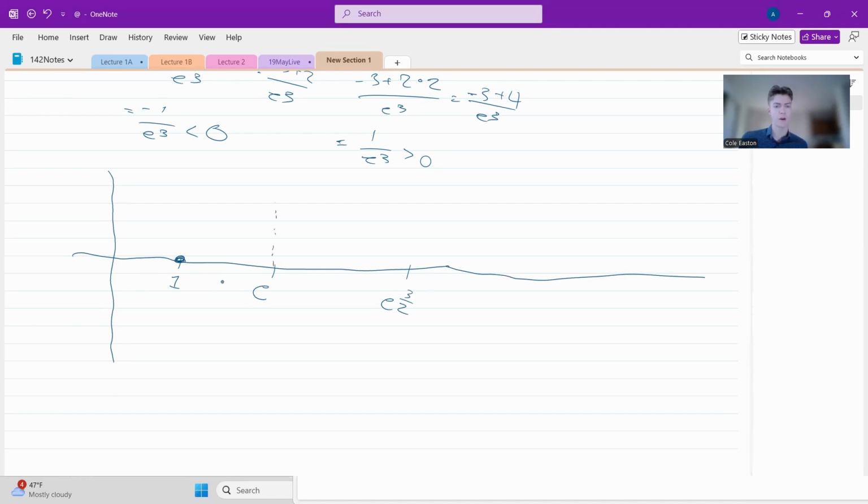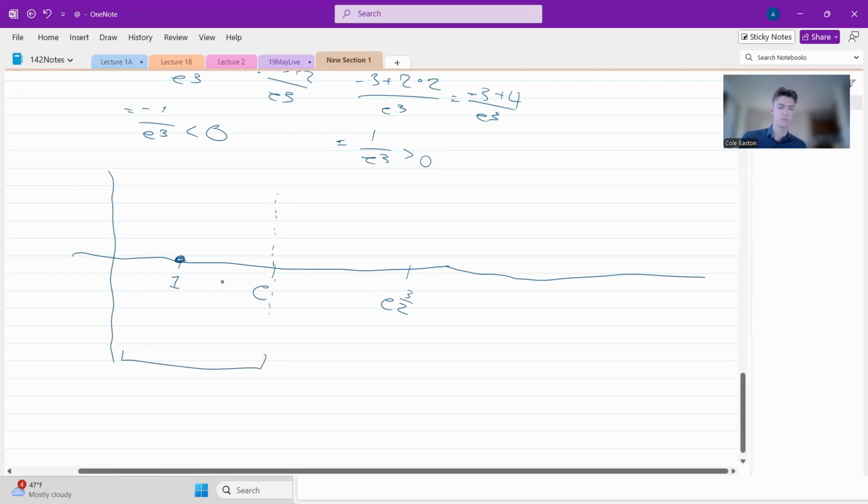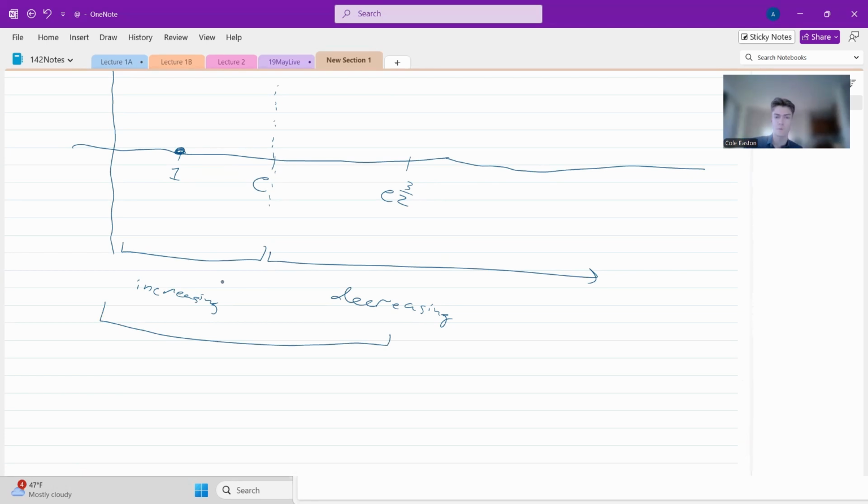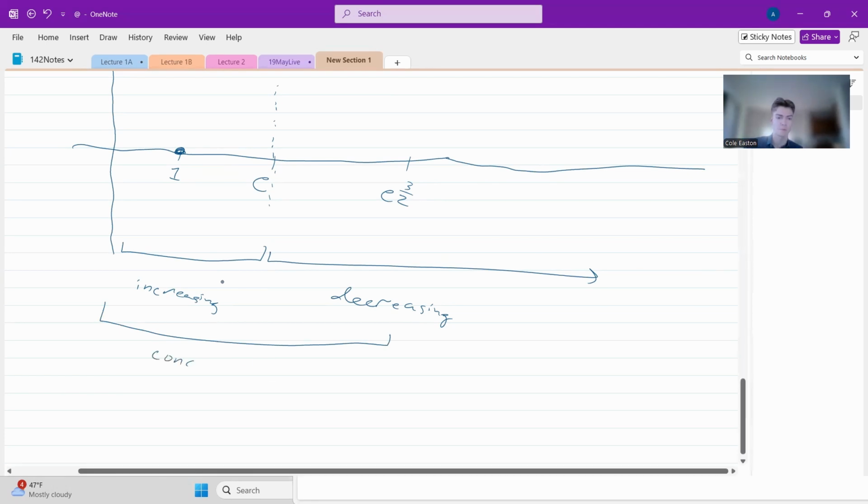We're going to have our critical point here. And so we said that from 0 to e, we are going to be increasing. From e to infinity, we are decreasing. And then from 0 to e to the 3/2, we're concave down. And from e to the 3/2 to infinity, we're concave up.